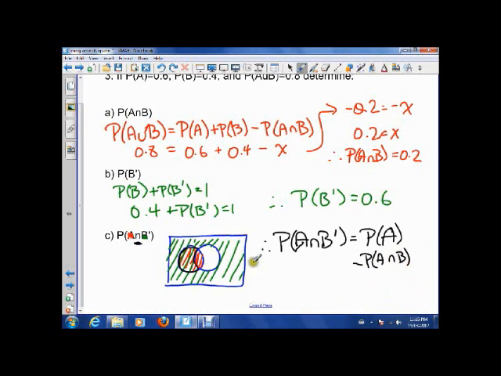So here's A, here's B, this is the intersection, so this is all of A minus the intersection of A and B. All these numbers we know. A is 0.6, and the intersection is 0.2. So A intersect B prime is 0.4.